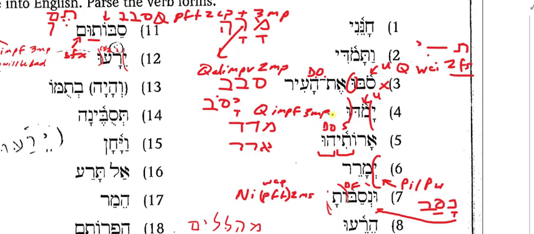But, so ur with a hollow vav is the noun light, and ur is to be bright, okay? In the Hifil, to shine light on or to brighten. There's a name that comes from it a lot in modern English, Uri.